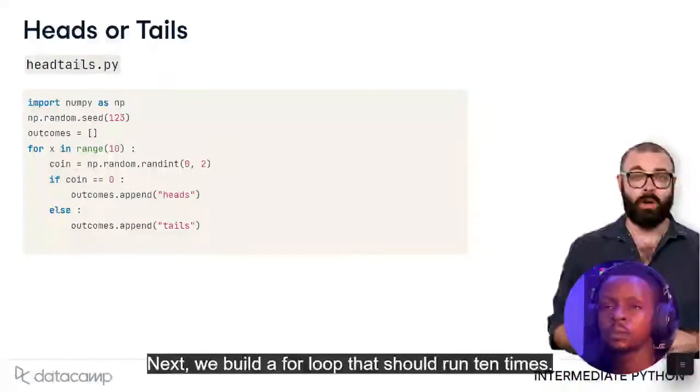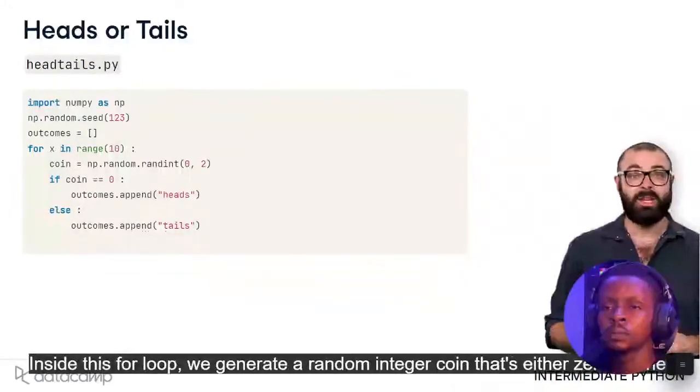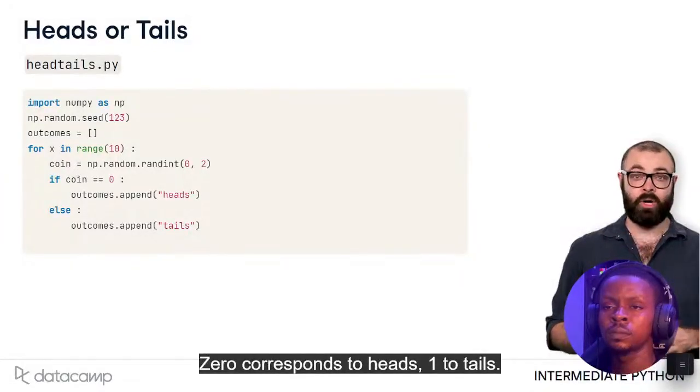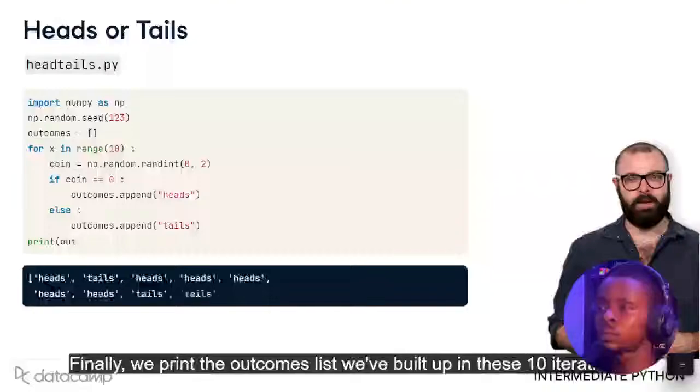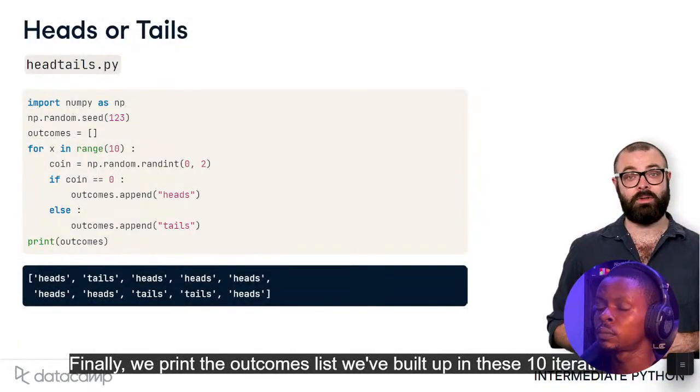Next, we build a for loop that should run 10 times. We can do this with the range function that generates a list of numbers that you can use to iterate over. Inside this for loop, we generate a random integer coin that's either 0 or 1. 0 corresponds to heads, 1 to tails. We print the outcomes list we've built up in these 10 iterations.